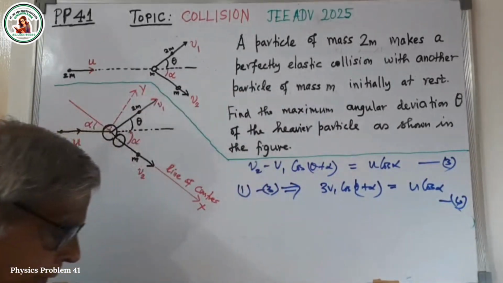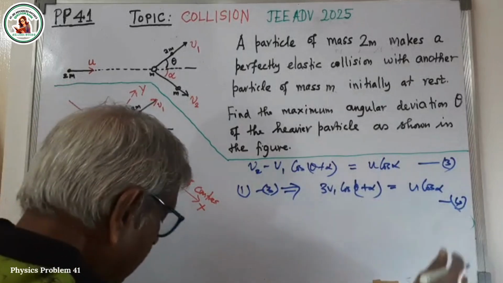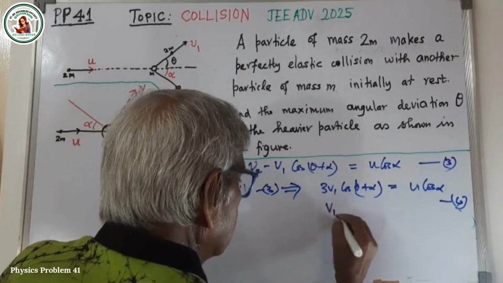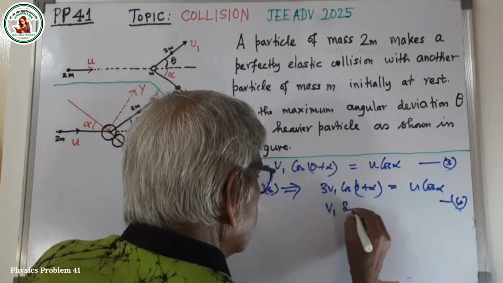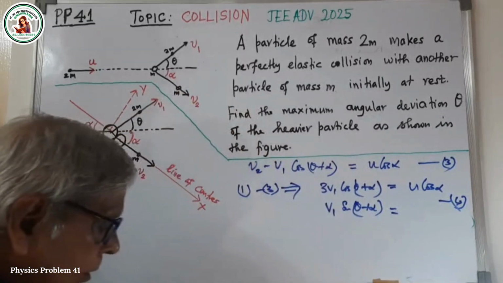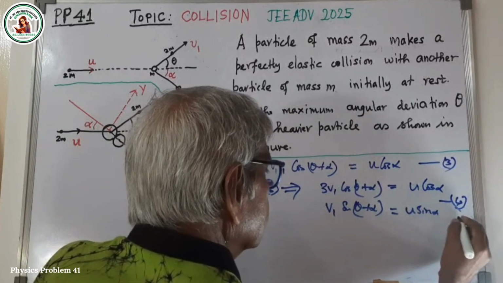Now our earlier second equation was v1 sin(theta plus alpha) equals u sin alpha. This was our equation 2.